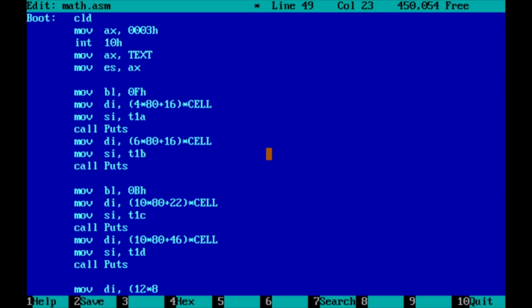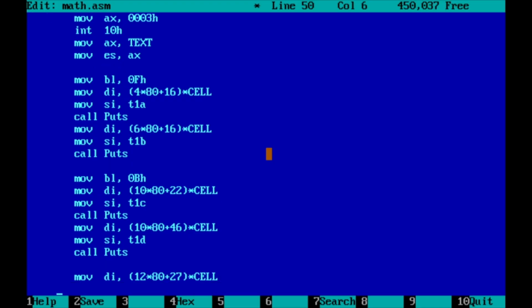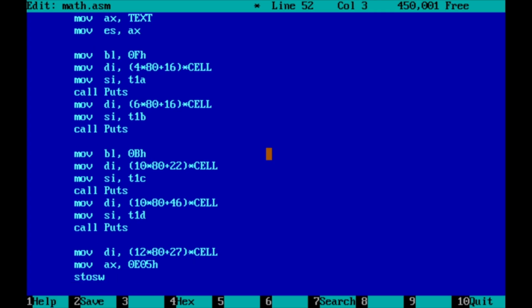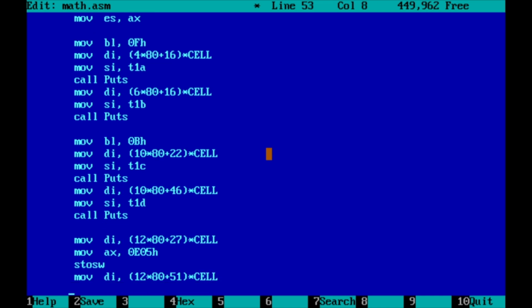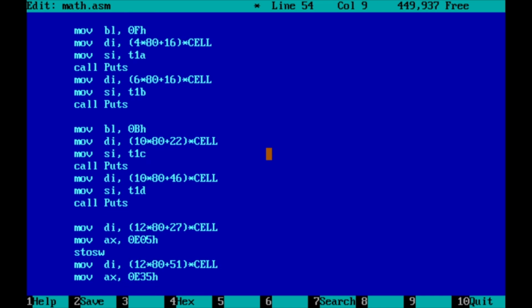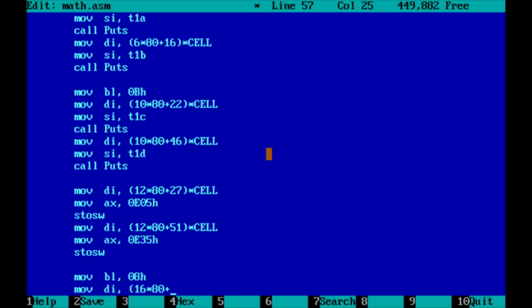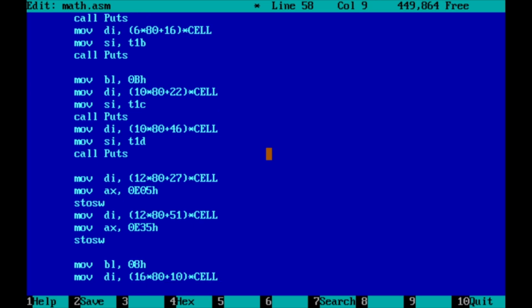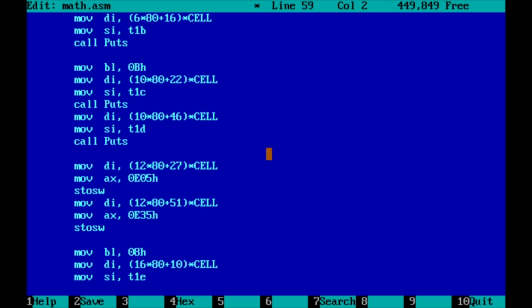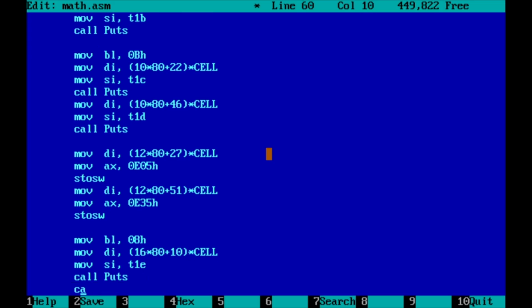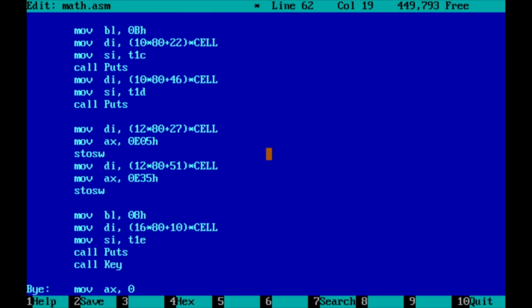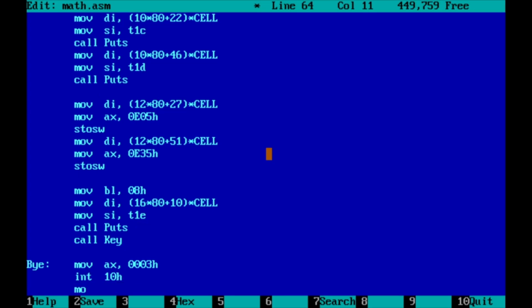A cell on the text screen is 2 bytes, the character, then its color, so we write a word and get both. 0E is the color, 05 is the character, the number 5. And 24 cells to the right, the same thing again except this time the character is 53. And 1 line underneath, saying the thing out loud. Then the way out. These 4 lines stay the last 4 lines of the file all the way through.